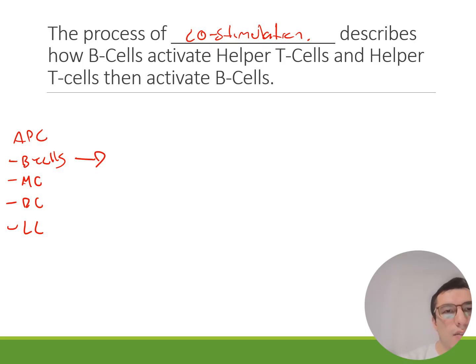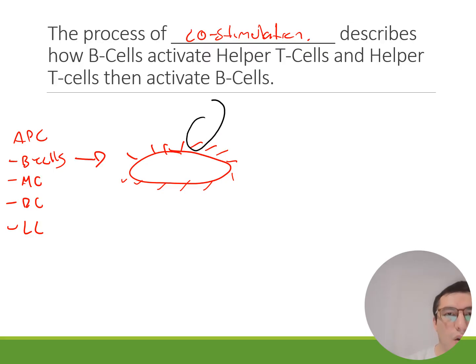So once B cells are in circulation or in the germinal centers of your lymphoid tissues, once exposed to a pathogen that has an antigen, this B cell will engulf this specific type of antigen. Once it engulfs it, it will break it down into different pieces, process it, and show it on its outer receptor.